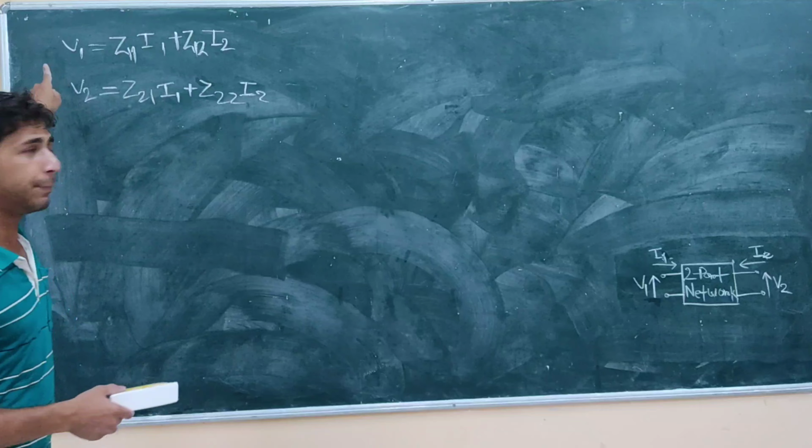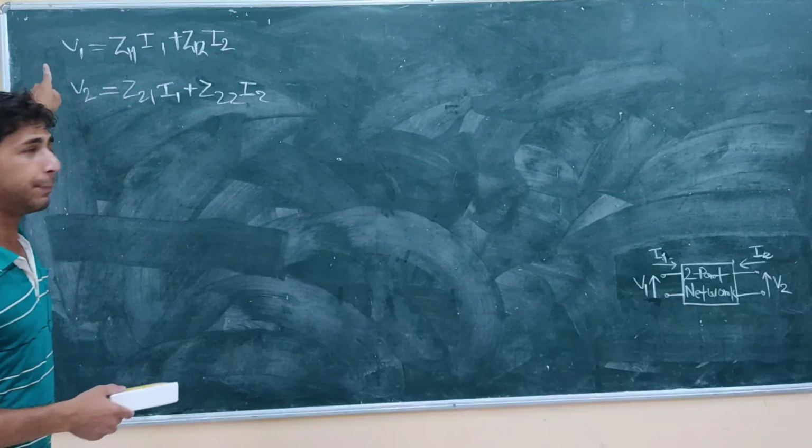First of all, let's consider V1 and V2 are the dependent terms, dependent on I1 and I2. That is, voltage dependent on current. By considering this, you will get the equations in terms of impedance parameter. Impedances are Zij. We can vary i and j, so we can get Z11, Z12 and so on.